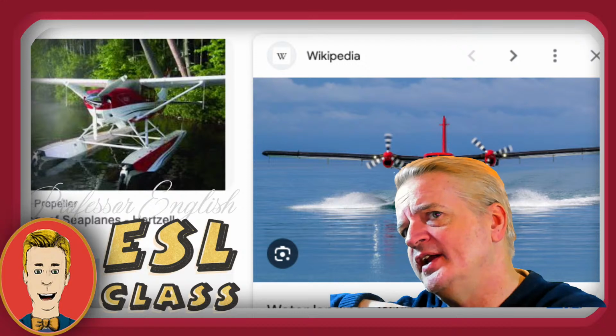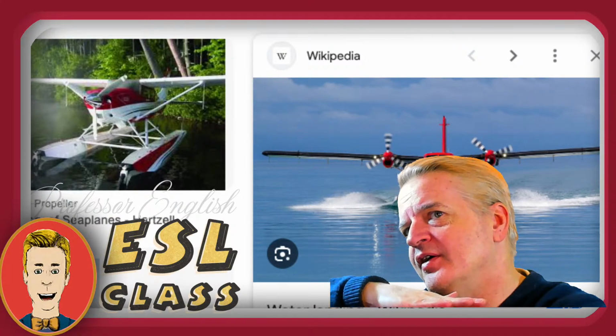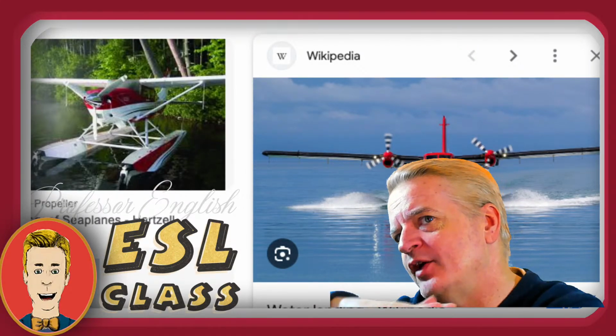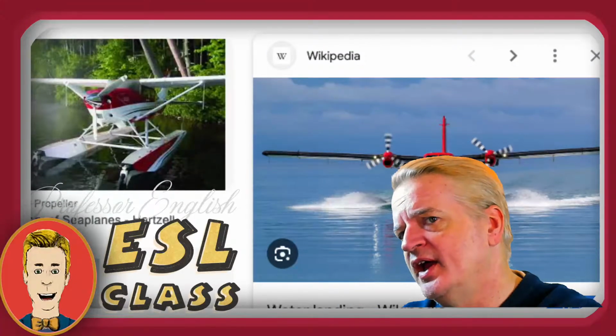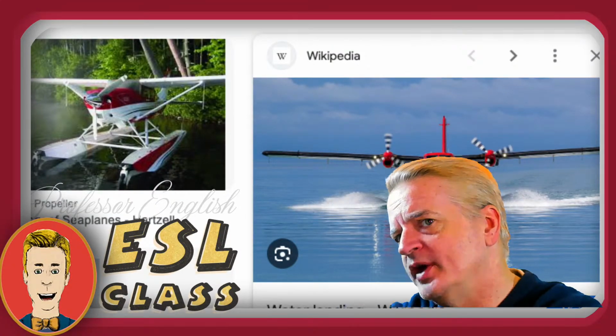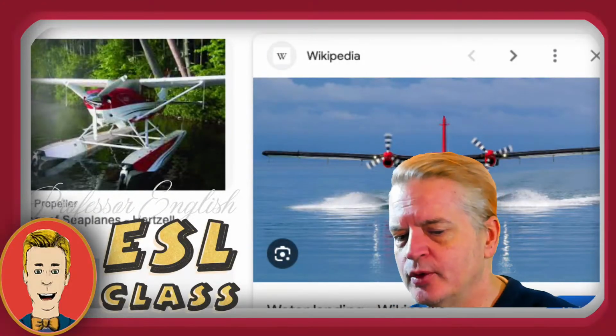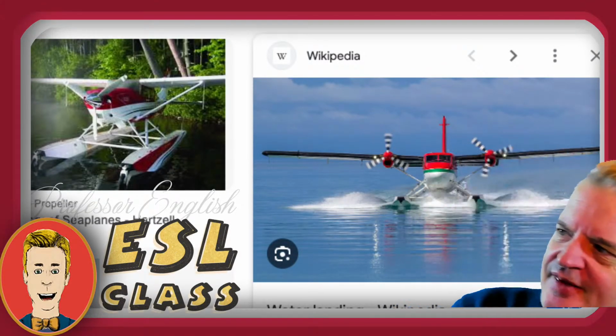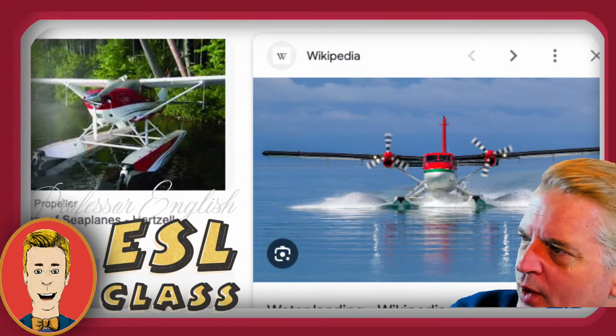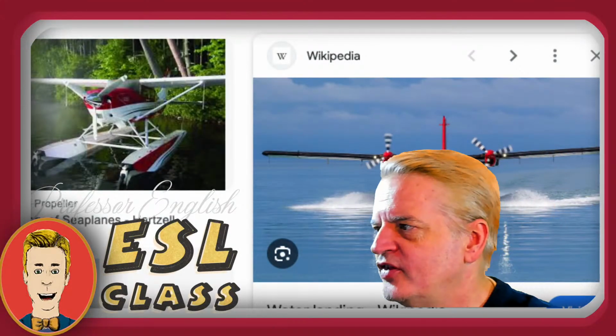So hydroplaning can also mean moving on a flat, watery surface. So if you're driving your car on the road and you lose control because of the water, that's called hydroplaning. But I don't think that's what they meant here. They meant that he bought a plane that can land on the water or take off on the water.